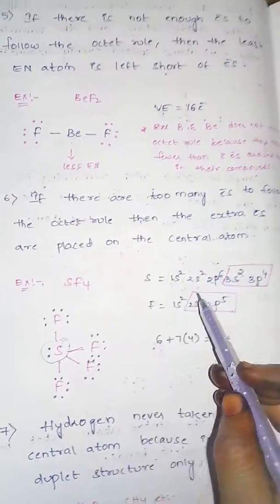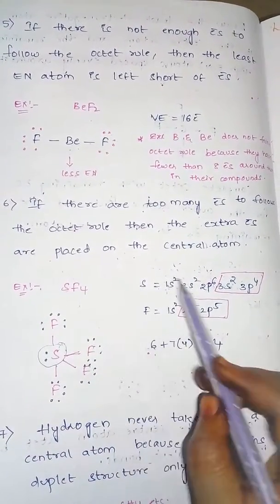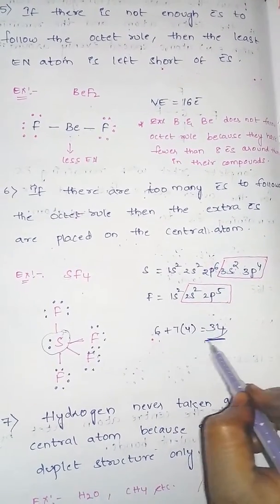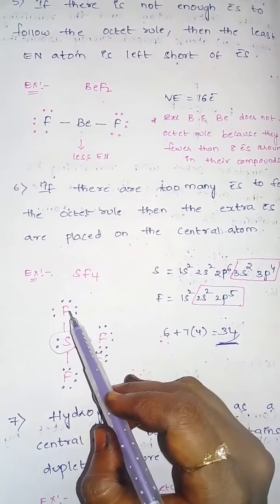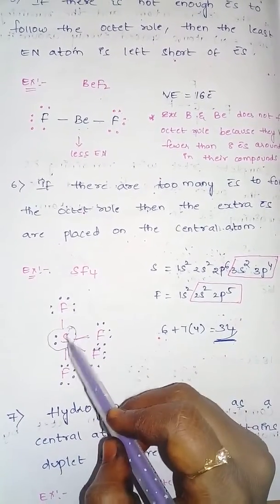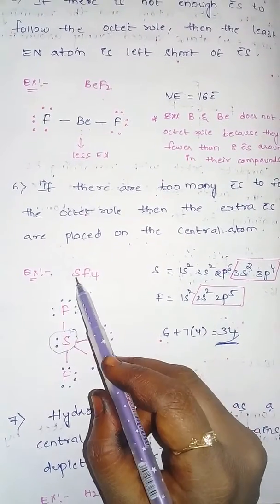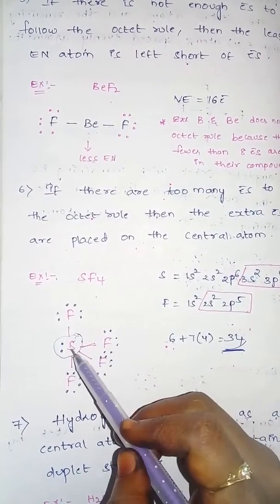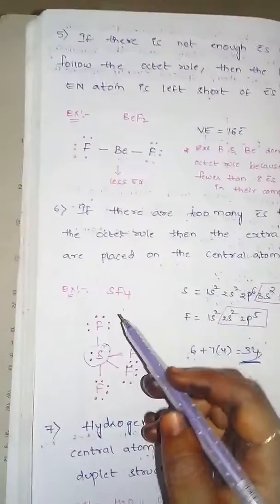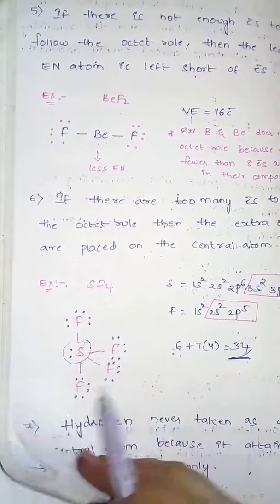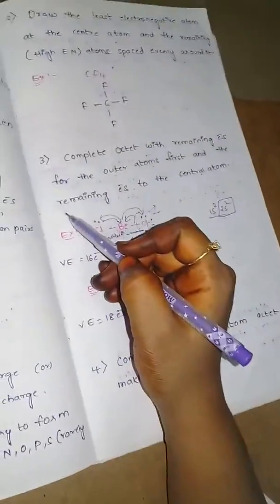For example, sulfur and fluorine have 34 valence electrons. Sulfur is taken as the central atom because, compared to fluorine, sulfur is less electronegative, and the fluorines are surrounded around it. Each fluorine is completed first, based on the third rule.